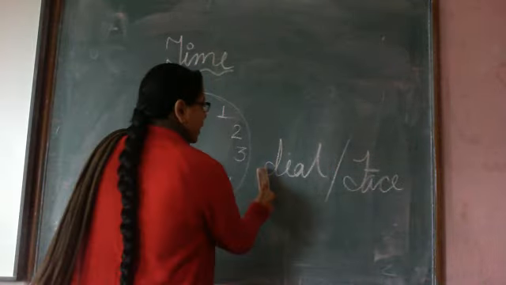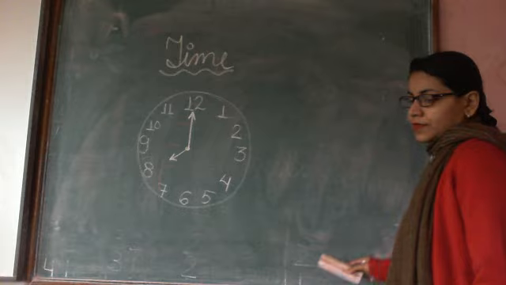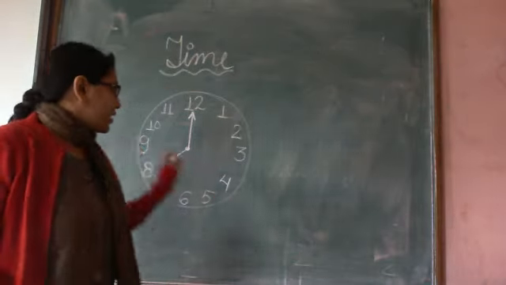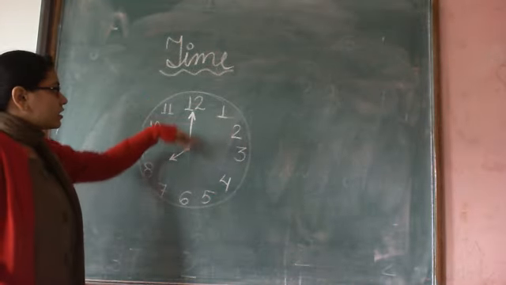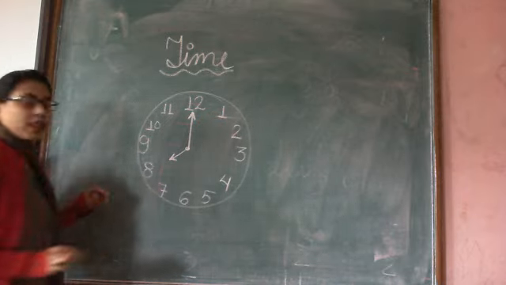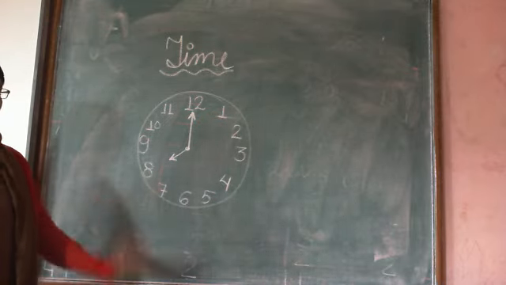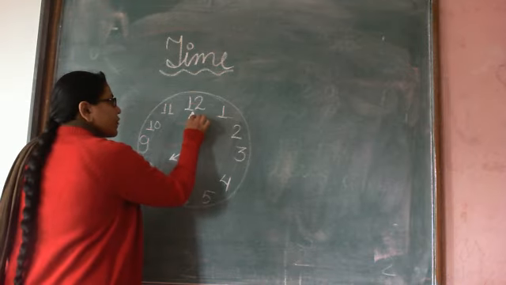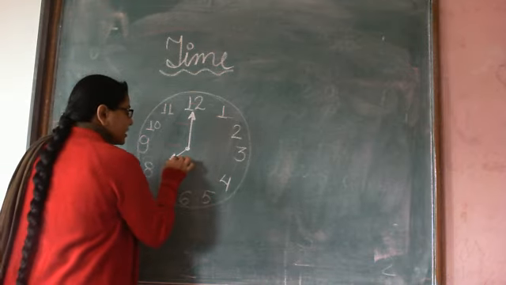So one thing we learn: the round or circle shape in which the numbers are lying is called the face or dial of the clock. Now we can see the two hands.